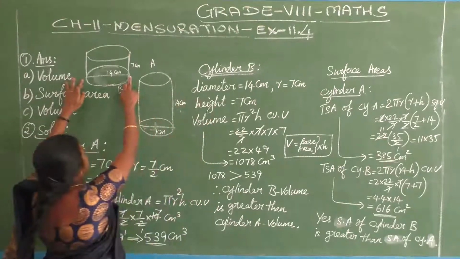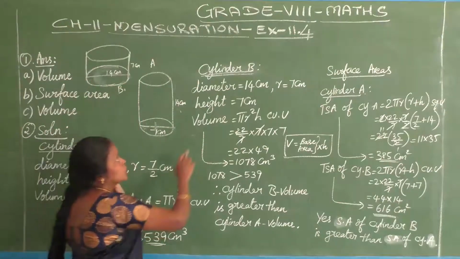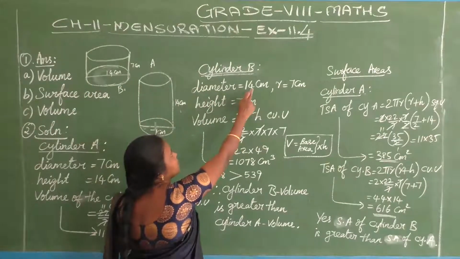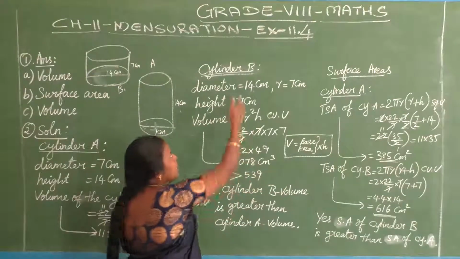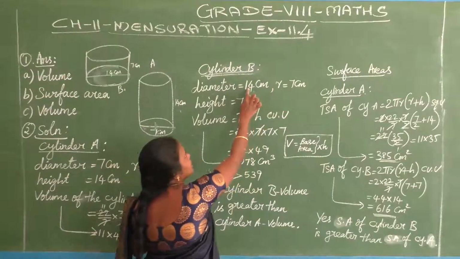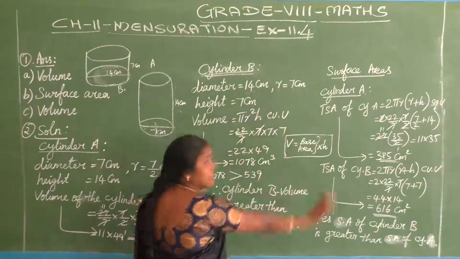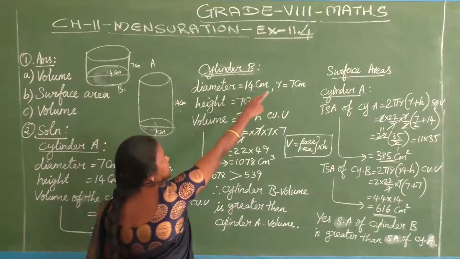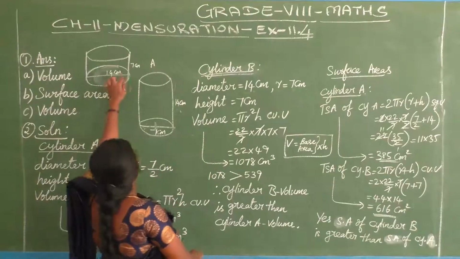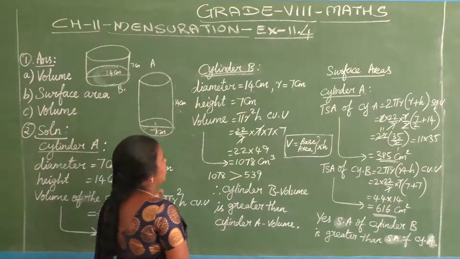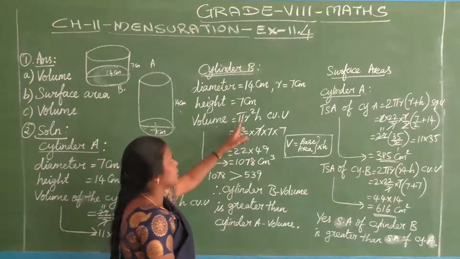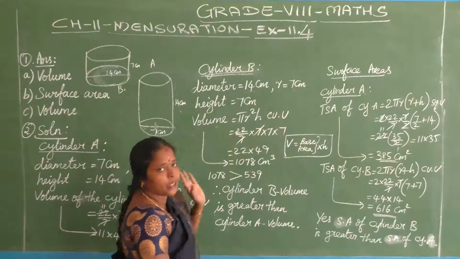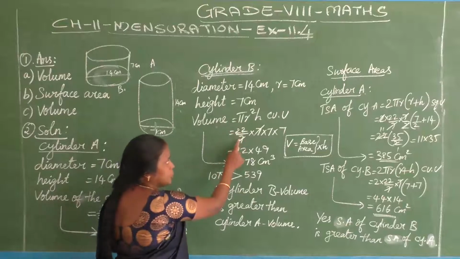Come to cylinder B. Diameter for cylinder B is 14 centimeter, no? So diameter of the cylinder B is 14 centimeter. That means what about its radius? Half of that. So 14 is the diameter, means radius is 7 centimeter. Half of 14 is 7. What is its height? 7 centimeter. Okay. Volume of the cylinder B, the same formula only: pi r square h cubic units. Understood? Pi value 22 by 7.